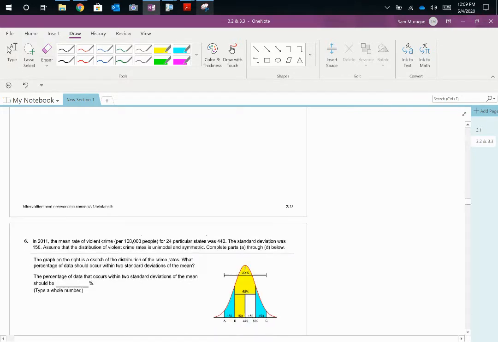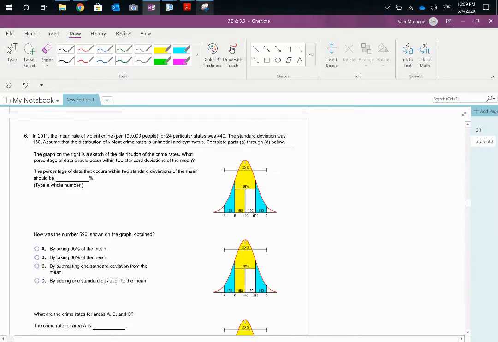All right, now let's talk about the problems here. In 2011, the mean rate of violent crime per 100,000 people for 24 particular states was 440. The standard deviation was 150.